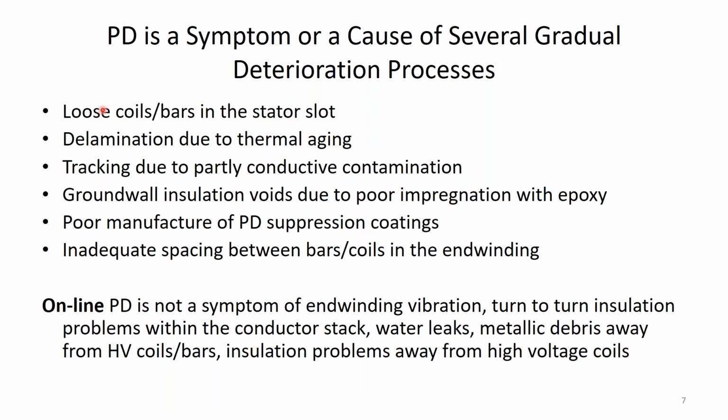So the failure processes that we can detect are these. I don't have a lot of time to talk about this. You'll see one of the references at the very end is IEEE 56, which goes into a lot about these failure processes and the various symptoms or characteristics of these mechanisms. I'm going to show you a few pictures a little bit later, but in the intro to this presentation, I said we want to talk about the things that PD testing can't do, where some overclaiming has occurred in the past.